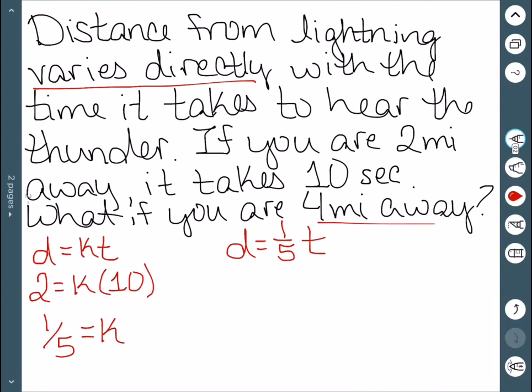I now want to know what happens if I'm 4 miles away. So now I know d, and I'm trying to find t. Here I can multiply everything by 5 to get a 20 on the left and a t on the right. Therefore, if I'm 4 miles away, it should take 20 seconds.